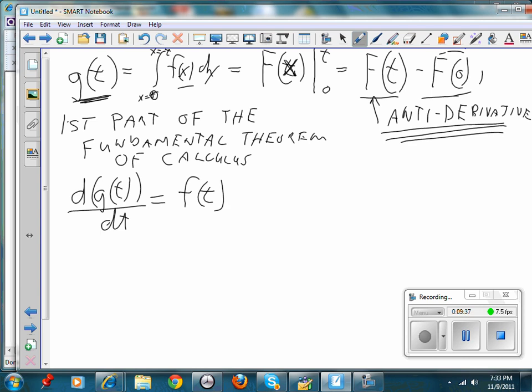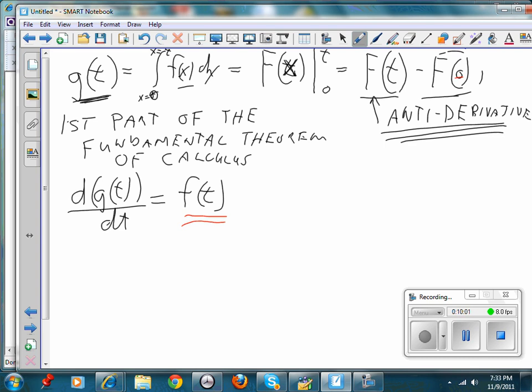Okay? Let's try that again here. I've integrated little cap f of x. I integrate it, I get this antiderivative, it's equal to this. When I take the derivative, I get back where I started from. Okay?